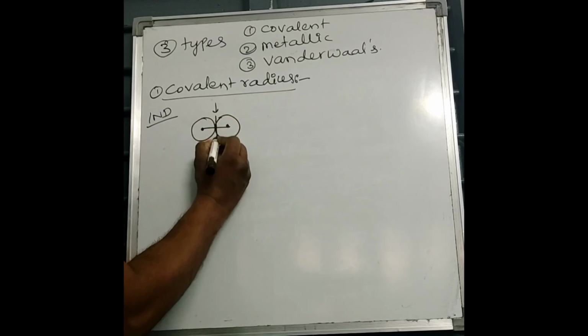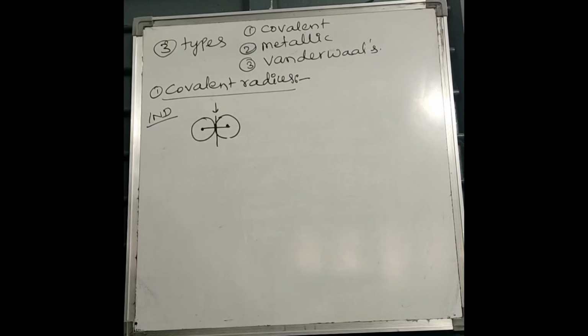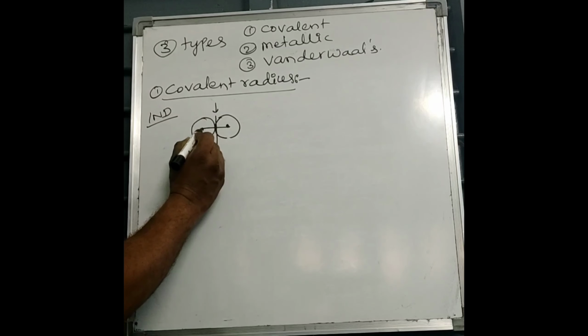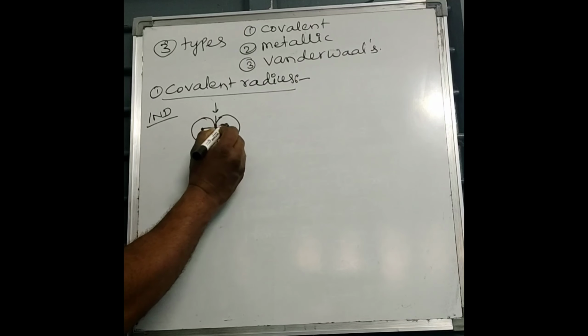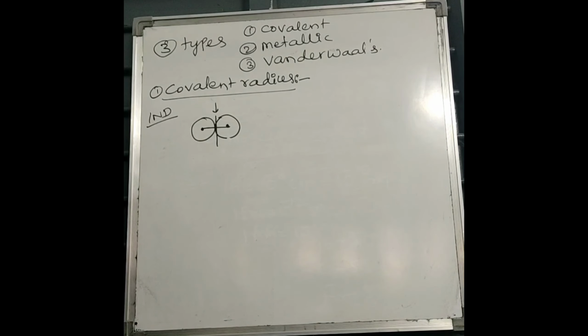Half of the internuclear distance of two nuclei of two adjacent atoms held by a covalent bond is called covalent radius. That is what covalent radius.